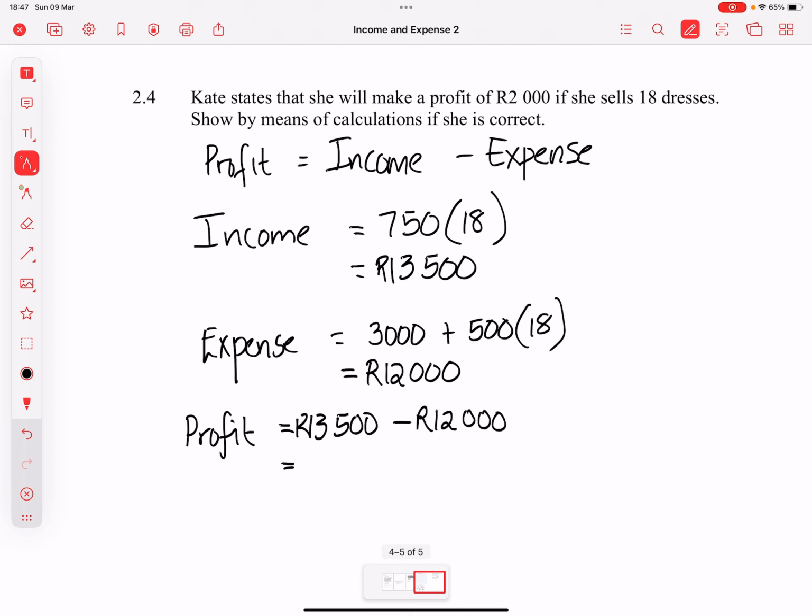And you are going to make a profit of 1,500 Rand after selling 18 dresses. In order to break even, you had to sell 12 dresses. After 12 dresses, you start making a profit, and at 18 dresses, you now have a profit of 1,500 Rand.